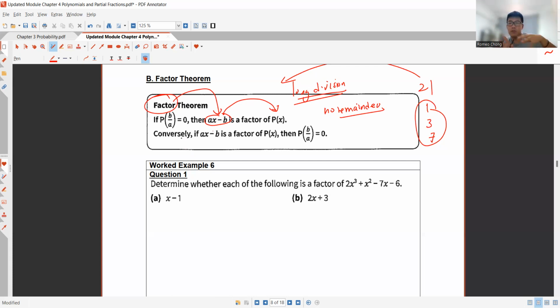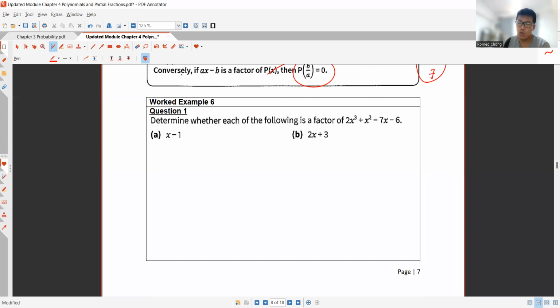The remainder theorem says that when you divide by a divisor, you find the x and substitute, and you get your remainder, which means the divisor is not the exact factor. But for the factor theorem, when ax minus b is a factor, when you do the long division you won't get any remainder, so the remainder is 0. That's why, when you substitute b over a from the divisor into the polynomial p, you actually get 0.